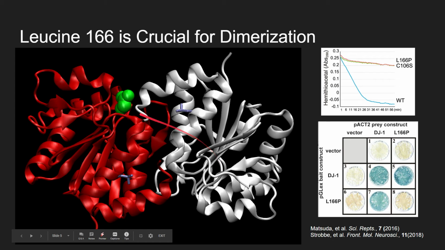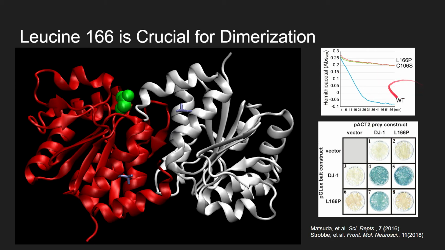But if you take one wild-type DJ1 subunit and then one subunit that has this L166P mutation, if you put them together, they will actually form a heterodimer. So I'd be kind of curious to see if this heterodimer actually has any kind of functional ability, because that might say something interesting about the relationship between enzymatic function and the dimerization.